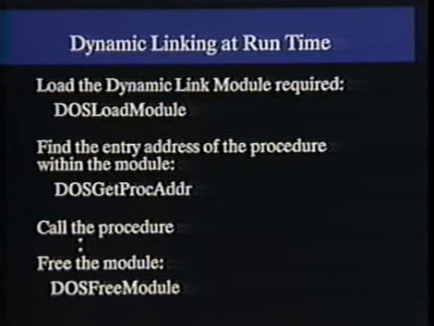Right? And when I'm through with that, then I can free up the module, and that space that is being used within the system for that particular module is released. Right? So I can delay even the knowing of which particular module I'm going to be using until runtime.